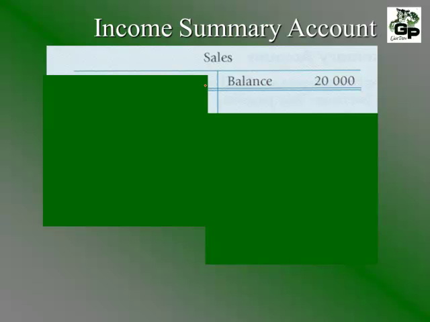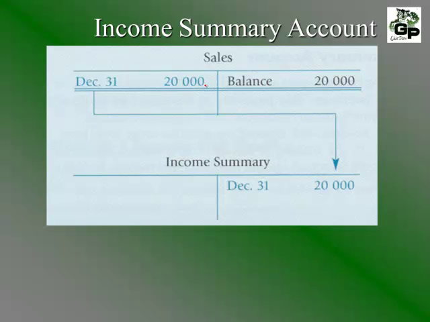We have the sales account, which shows a balance of $20,000. We want to get rid of the $20,000 by doing the opposite. So you can see here in our example, we have the $20,000 that was in the sales account, and in order to zero it out, we have to put a debit of $20,000.